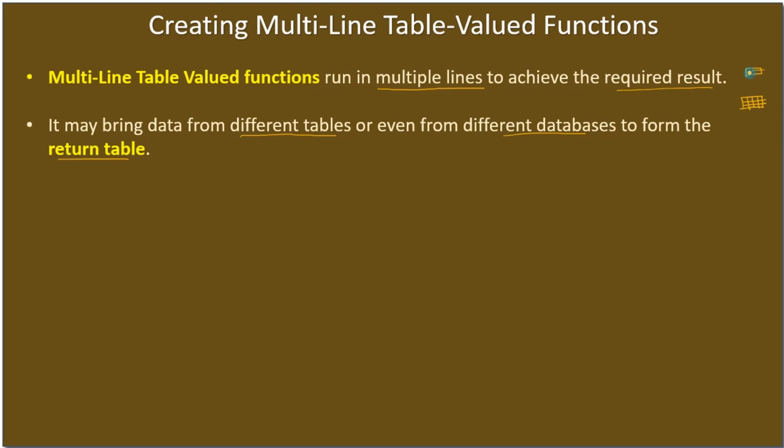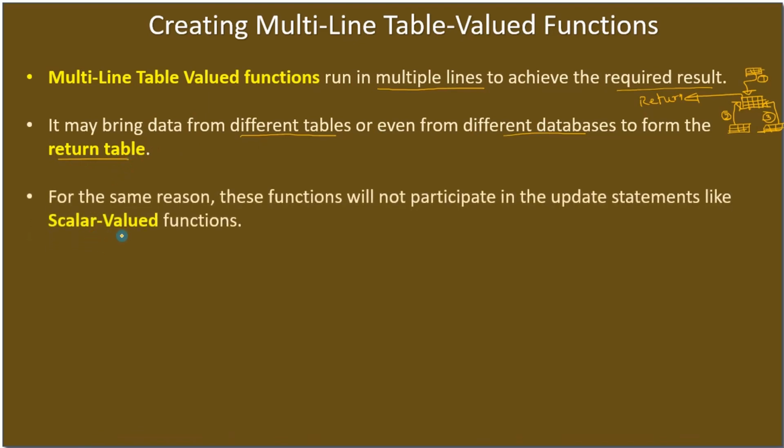It may query different tables from the database. If you see, here it is fetching data from different tables, fetch 1, fetch 2, fetch 3, and it fills the columns. Finally, it returns that resulting table.